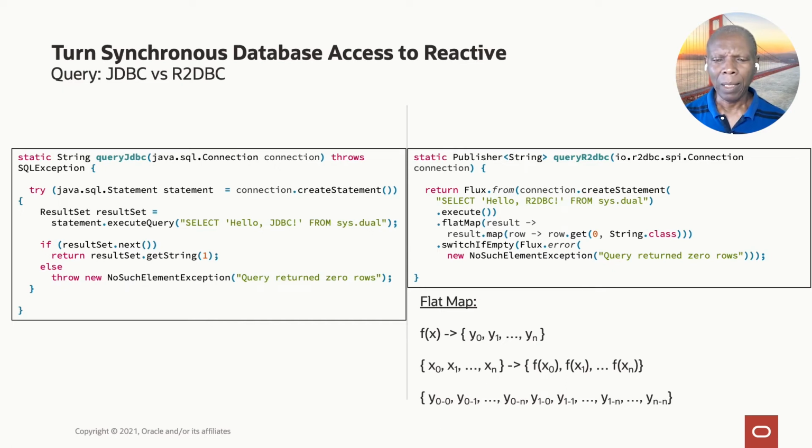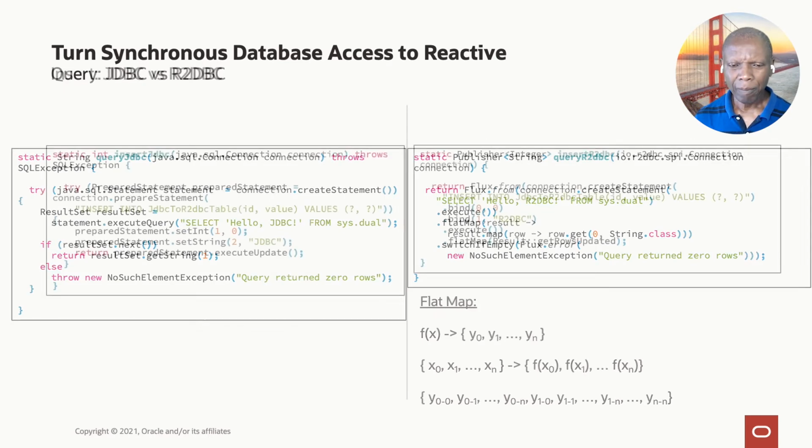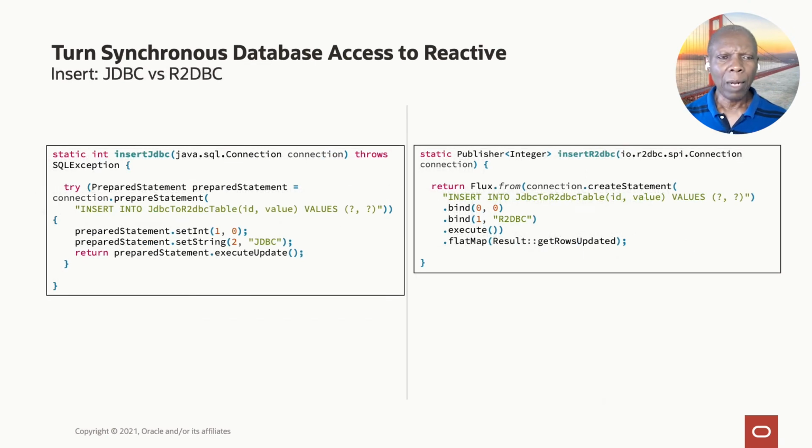We are executing a lambda function on each row of the result set. So this function will just retrieve the first column, which is a string. In R2DBC, the first column starts with 0, whereas in JDBC, it starts with 1. So you can see that. And at the bottom of the slide, we are explaining what flat maps are, and how to turn your synchronous database access to reactive.